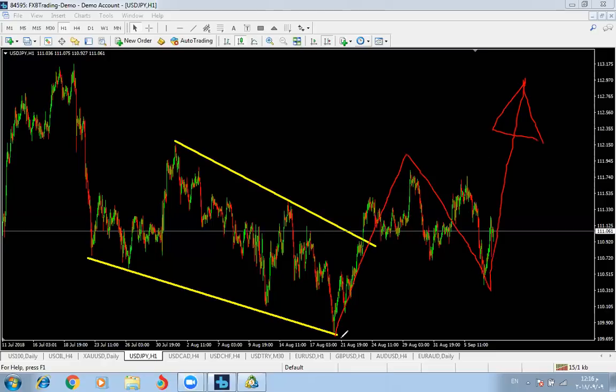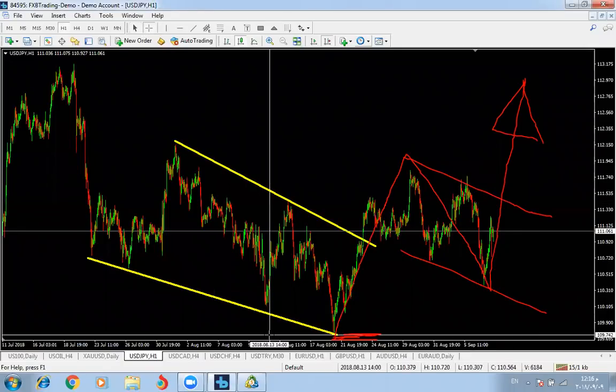Our invalidation point for this count is right there, since the possibility of making wave 2 as a complex is still available. So our invalidation point is around 109.70.